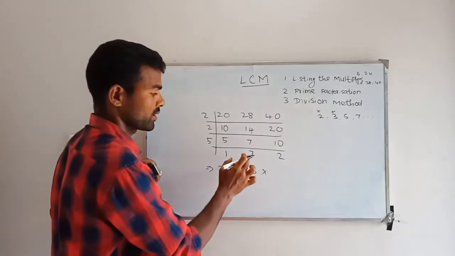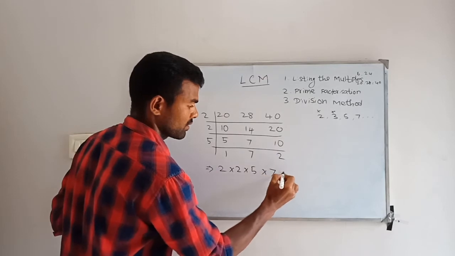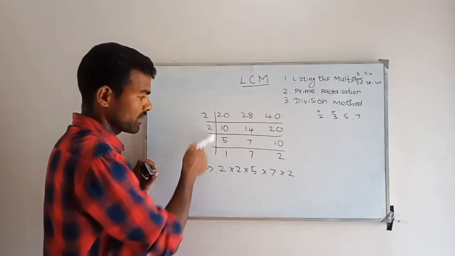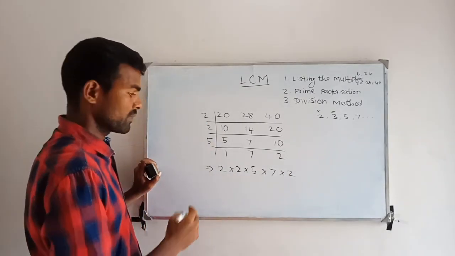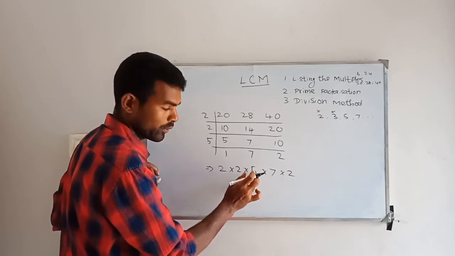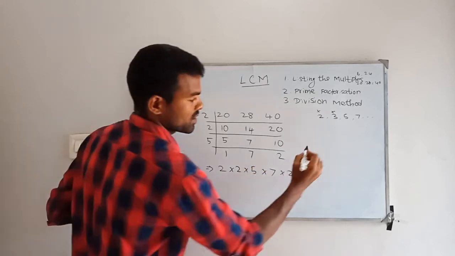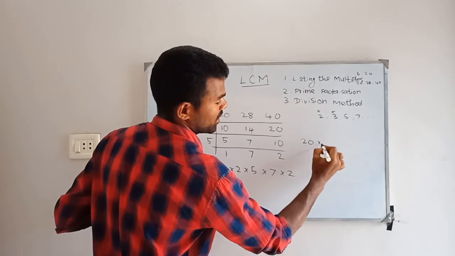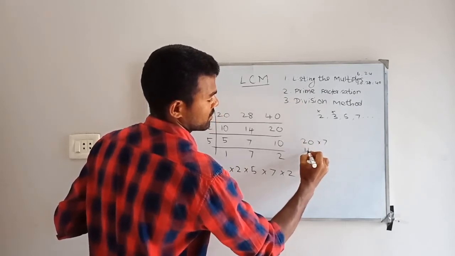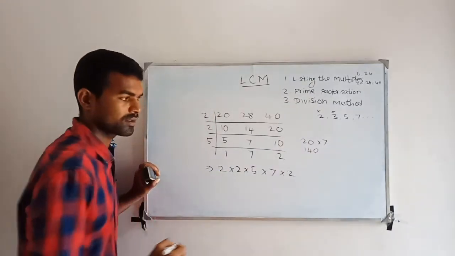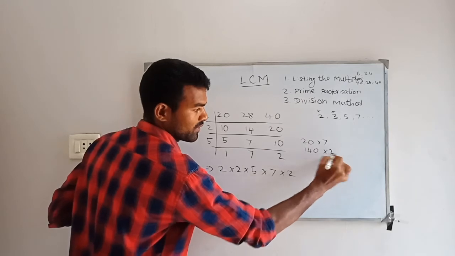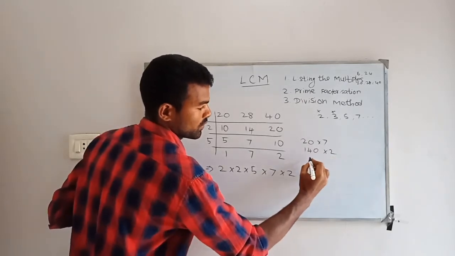Multiply 2 times 2 is 4, 4 times 5 is 20. 20 multiply 7 is 140. Then multiply with 2.